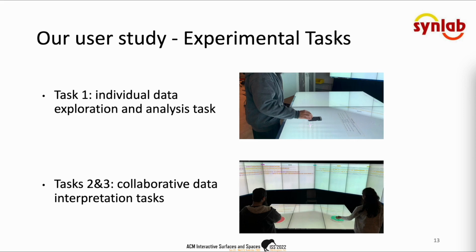For task 1, an individual data exploration and analysis task, each user was asked to analyze a chromatin fiber dataset. This task was designed to evaluate the participants' ability to use the system to recognize patterns and find irregularities in the data.